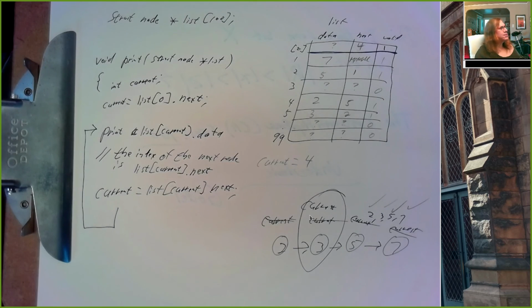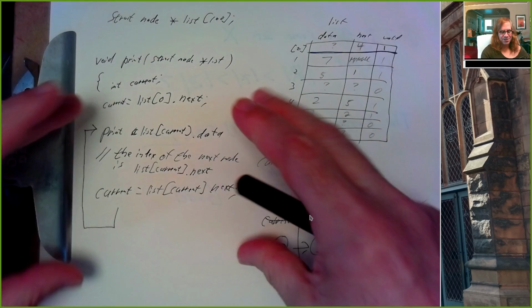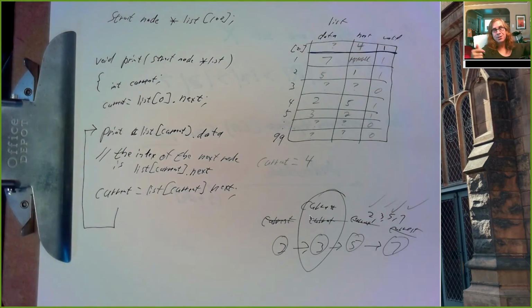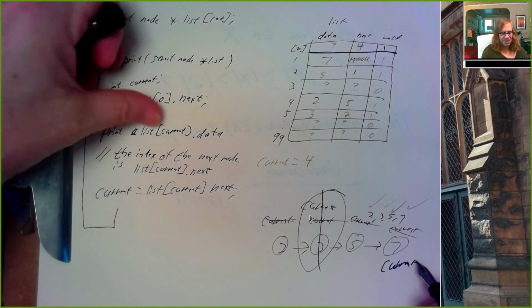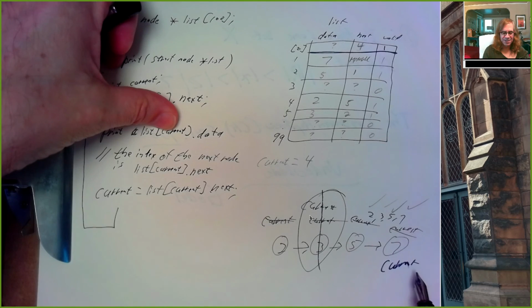All right, there's one detail missing here. What stops this loop from being an infinite loop? Because if we just put this in a do forever loop, it's just going to keep running and running and running. So how do we know when it's done? That's where my null comes in, right? What happens when current is this 7 node? We come back up here, print list[current].data.